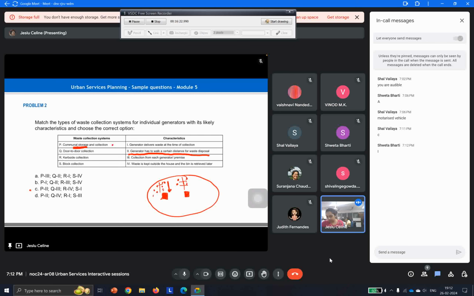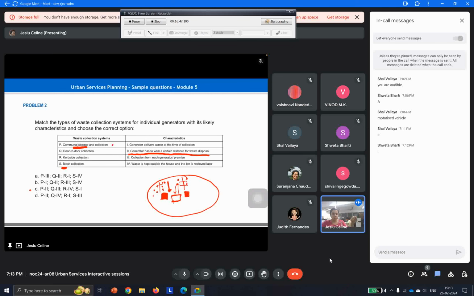Now the other one, for instance, block collection. Since Shweta said one, I'll just go to block collection. So block collection, what happens is a person comes to collect the waste. So again, it's similar to a communal storage, but the difference is there is no storage. When the person comes, people will come and dispose the waste at that time.